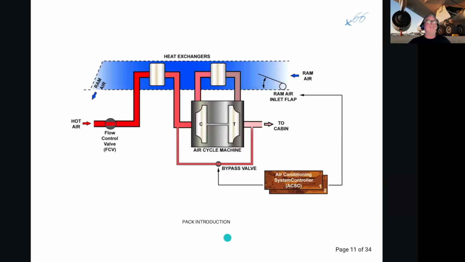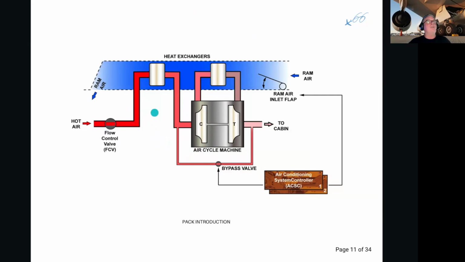Next slide is an interesting one. We said how the system goes from hot air, 200 degrees, which goes through two heat exchangers.